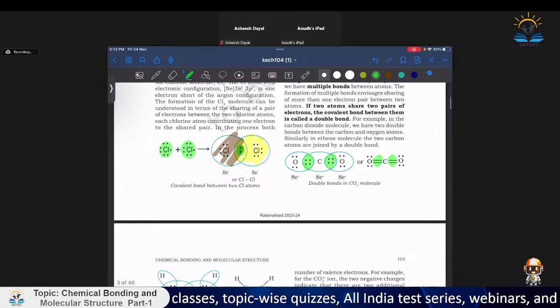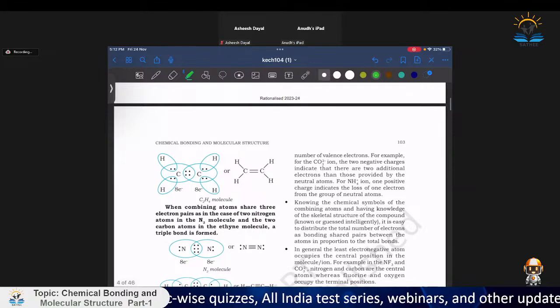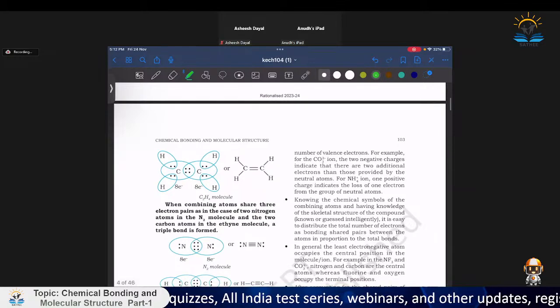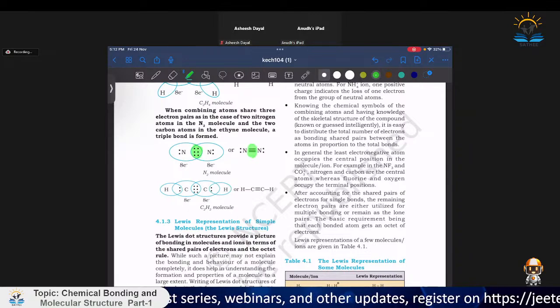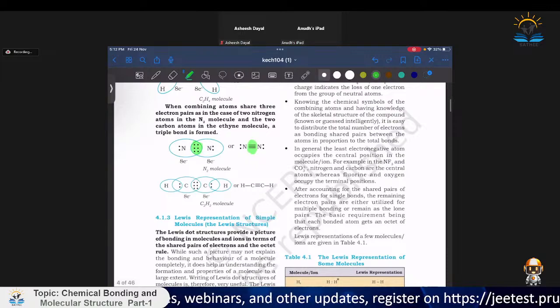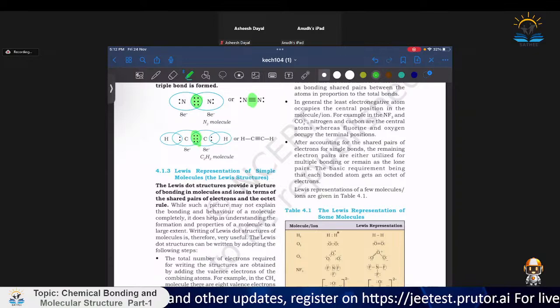Let us see an example of a triple bond. In N2, 6 electrons are being shared, which means 3 pairs, which means 3 bonds will be formed. Similarly, in ethyne, we will have a triple bond because 6 electrons are being shared.